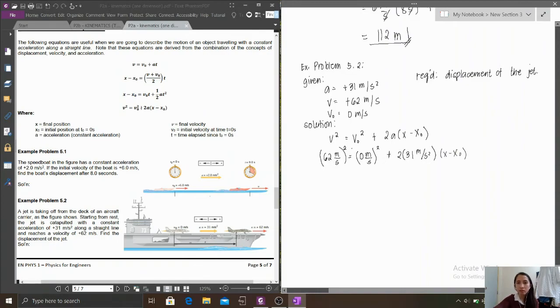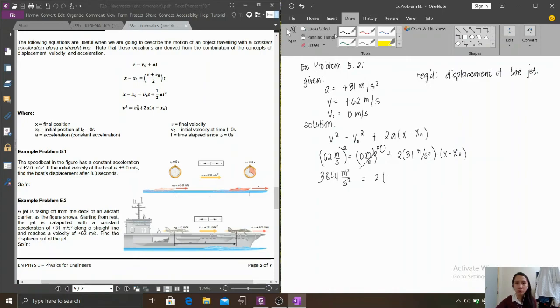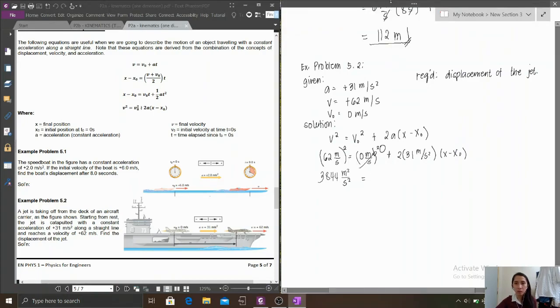So, 62 squared is equal to 3,844 meters squared per second squared. So, this is equal to 0 plus 2 times 31, let us write down 62 meters per second squared, times x minus x sub o.